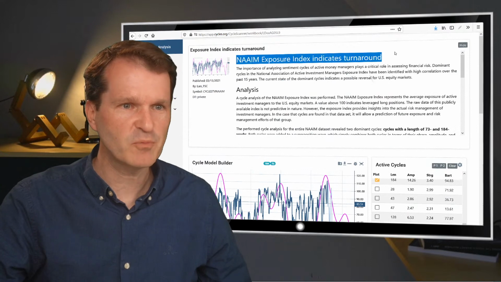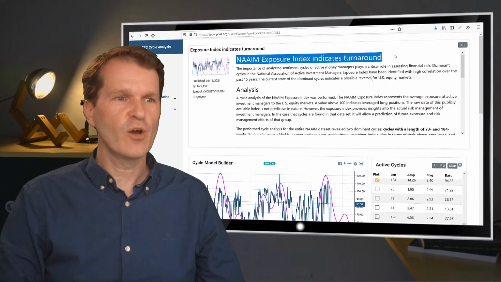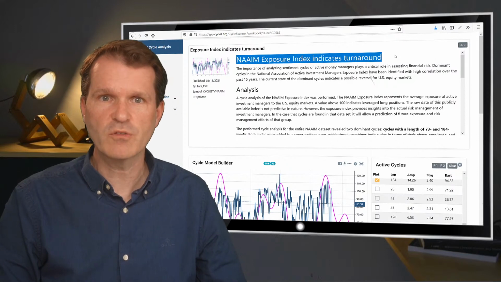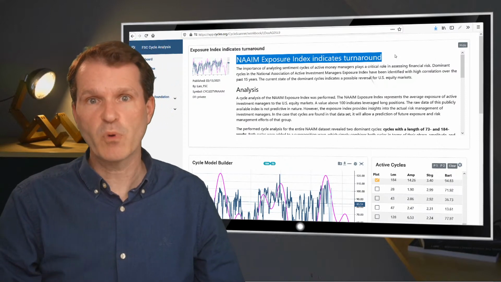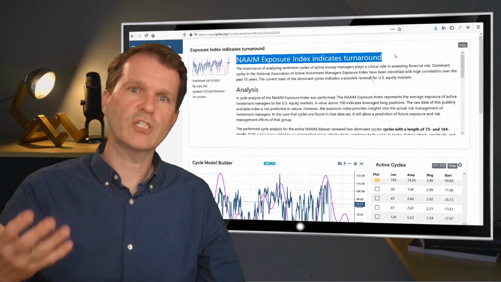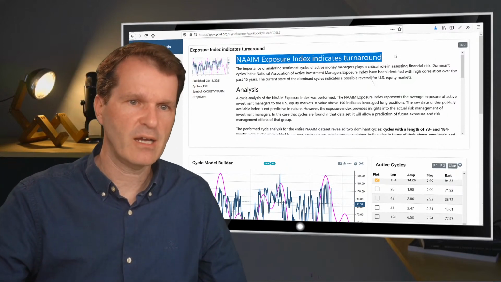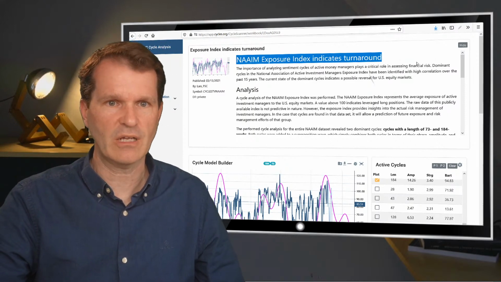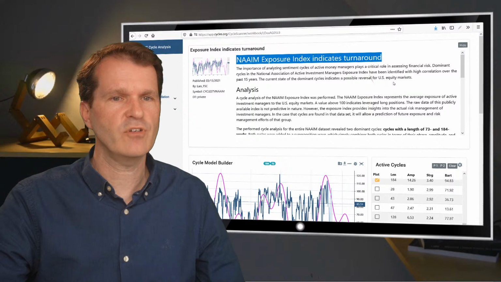And I did this with the so-called National Association of Active Investment Managers, the NAAIM Exposure Index, which is reported by professional investment managers once a week. So they report their exposure against the markets, if they are long or leveraged or short or neutral against the market, which gives an index every week of how the professionals are currently seeing the market behavior.